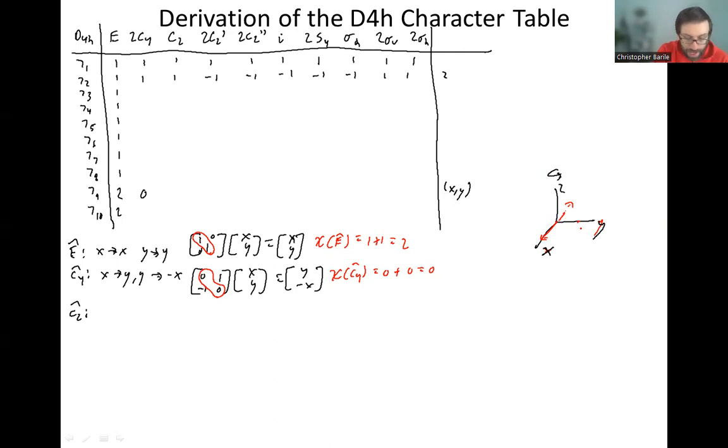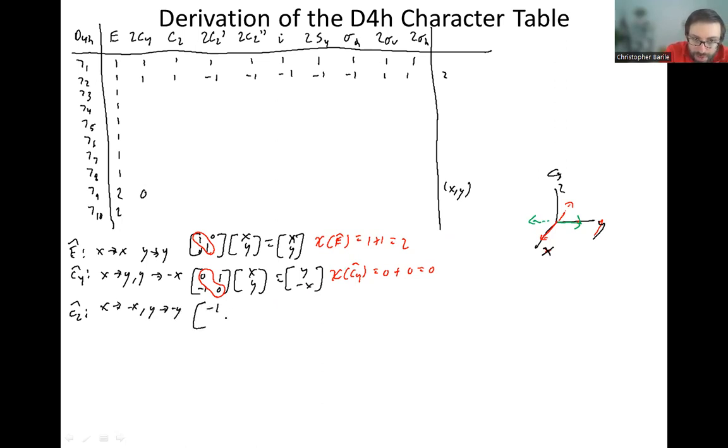And same thing is going to happen for y, very similar thing here. We have a y vector, it's going to spin 180 degrees into the negative of itself. So we're going to have x going into negative x and y going into negative y.